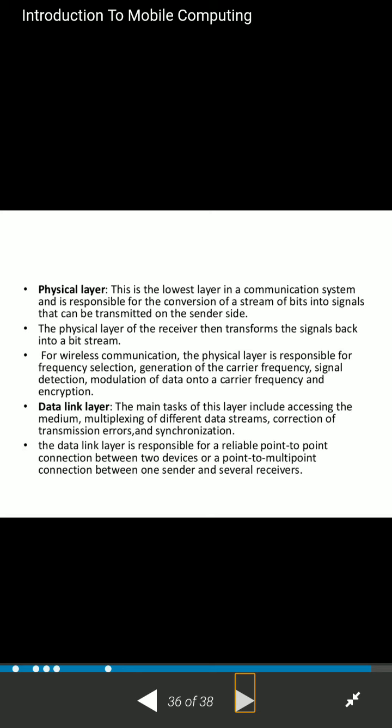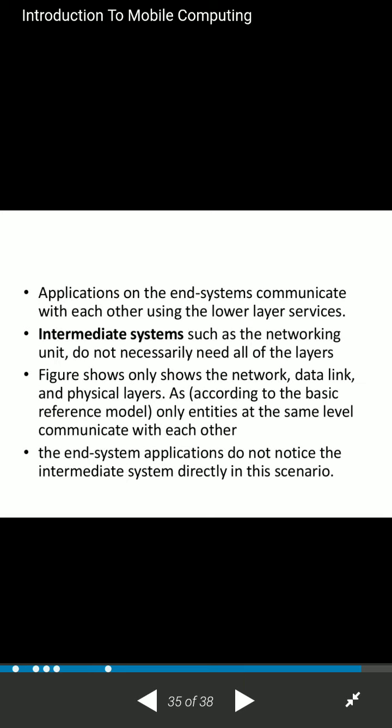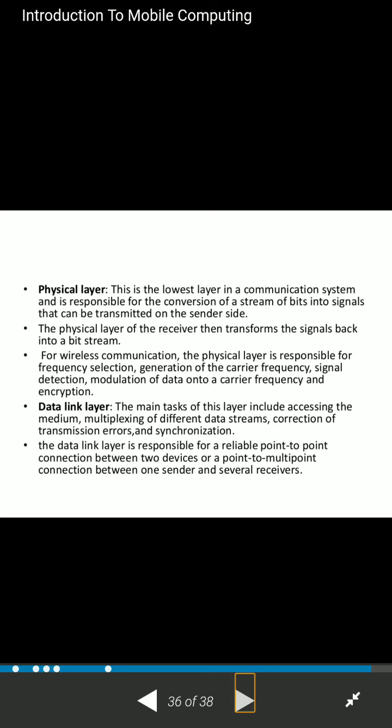The physical layer is also responsible for frequency selection. The frequency mainly describes signal detection, modulation of data onto a carrier frequency, and encryption. This is mainly about the physical layer.